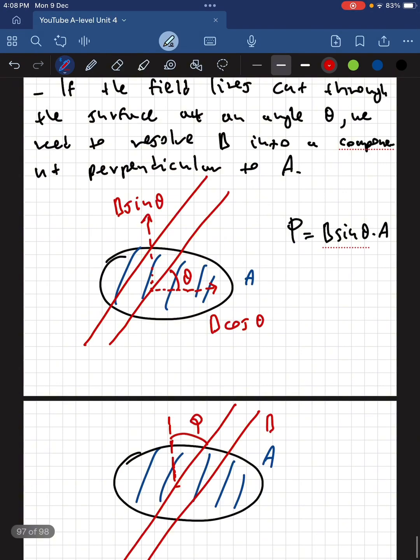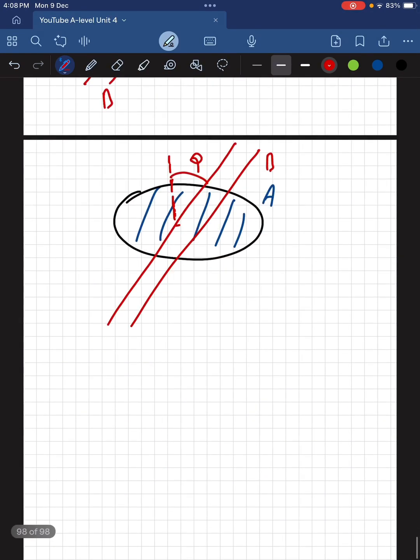So this is B, by the way, and this is B. So again, we resolve the magnetic field into the component that is perpendicular to the cross-sectional area. This time it is B cosine phi. So in this case, the magnetic flux is B cosine phi times A. So anything that goes parallel to the cross-sectional area gives 0 contribution to the magnetic flux.